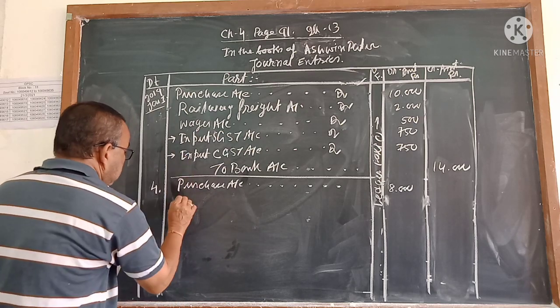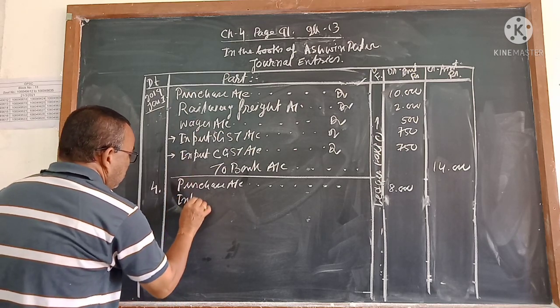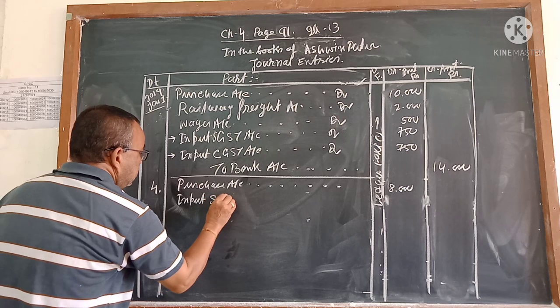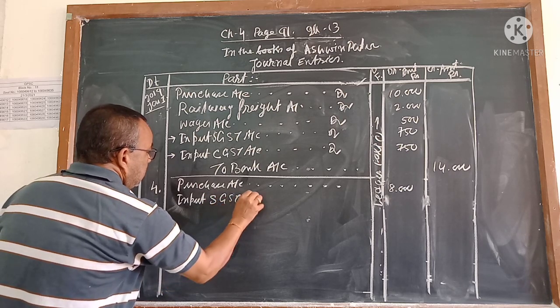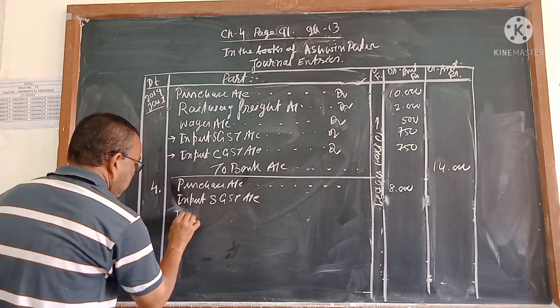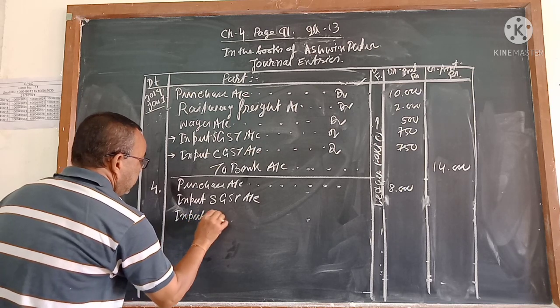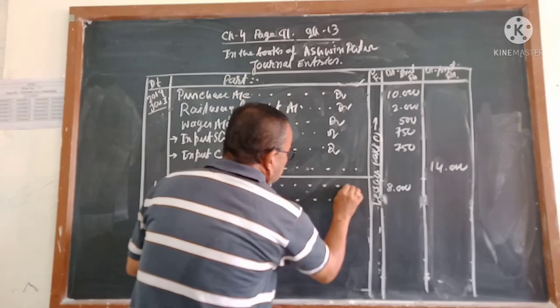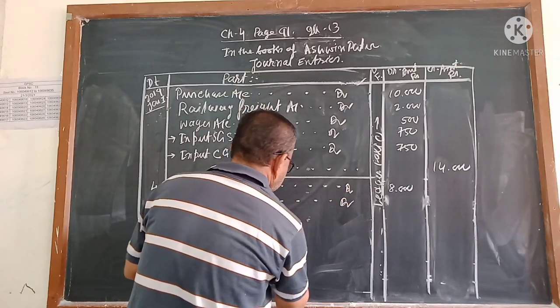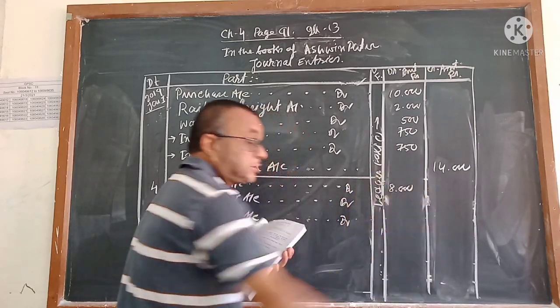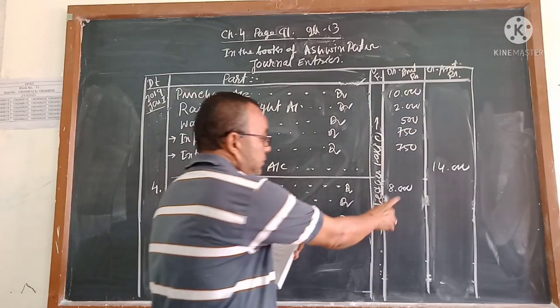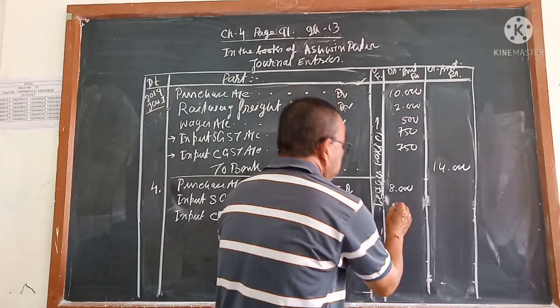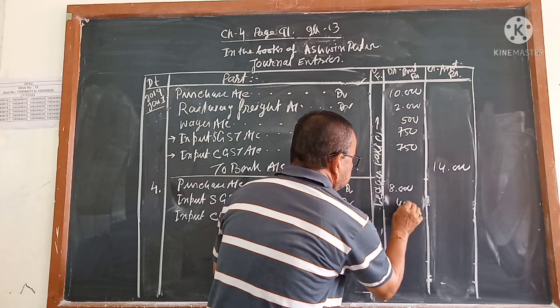So you will write this one: input state GST account, and once more, input central GST account debit. How much percentage? 6%. 6% of 8,000 is 480.